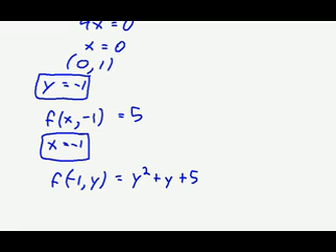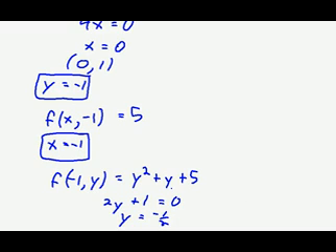Again, you could either think of this as a quadratic function, use the formula negative b over 2a to find the vertex, or just take the derivative. 2y plus 1 is the derivative of the quadratic. Set it equal to 0. You get y equals negative 1/2.